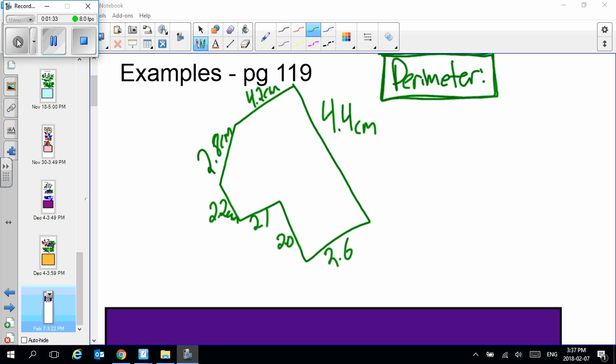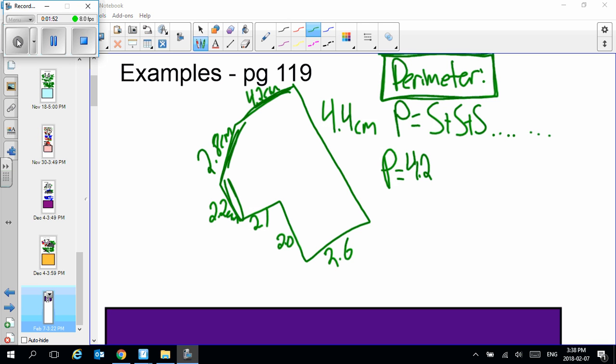So back to perimeter. What we're looking at is we need to add up all of the edges. So perimeter equals side plus side plus side, continuing on depending on the number of edges. Here we need to add up all of these edge distances. So I've got 4.2 plus 2.8 plus 2.2 plus 2.1 plus 2.0 plus 2.6 plus 4.4.